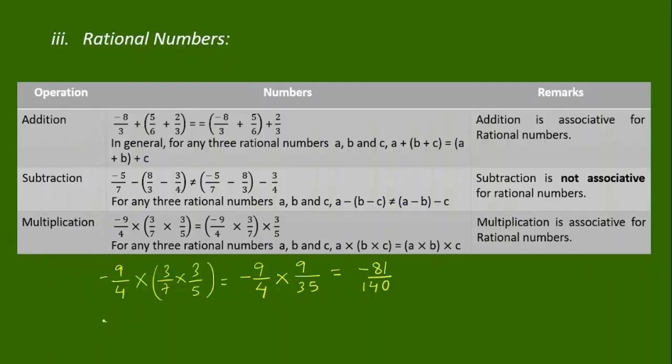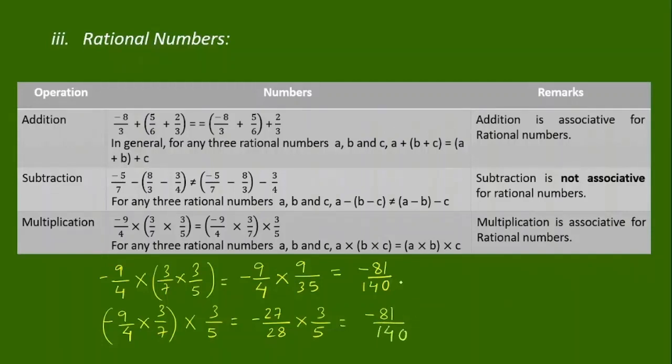Now let's see the RHS side. Minus 9 upon 4 into 3 upon 7, this is inside the parenthesis, into 3 upon 5. 27 threes are, this is coming as minus 81 divided by 28 into 5, that is coming as equal to 140.